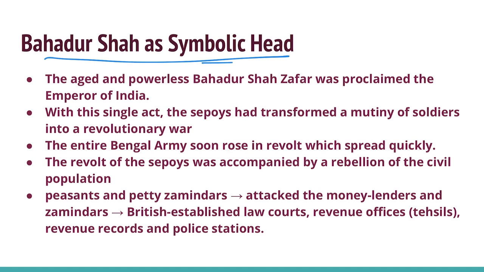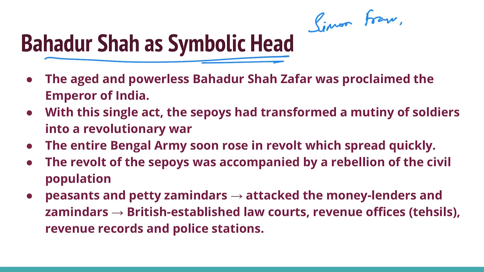Bahadur Shah as symbolic head. So in Delhi, the local infantry joined the revolting people against the British. They killed their own European officers, including Simon Fraser, who was a political agent, and they seized the city.